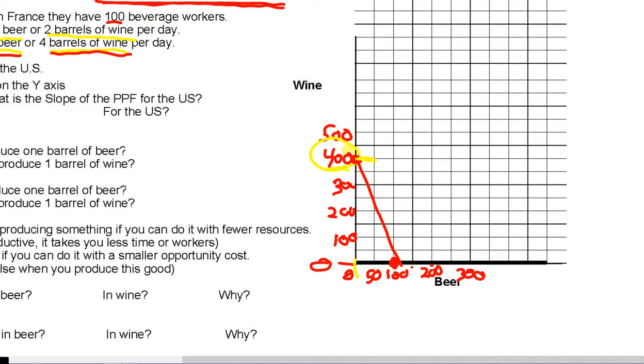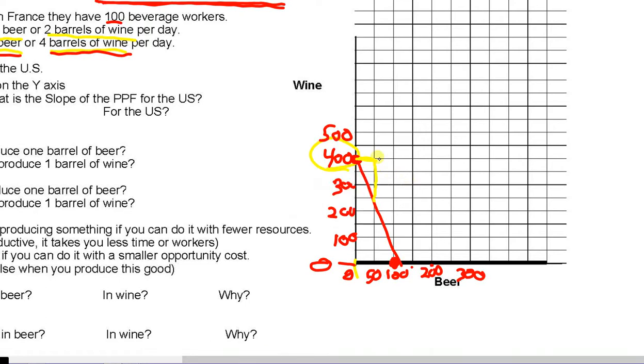We're going to have to go down 4 times as much. So basically every time you go over 1 unit, you have to go down 1, 2, 3, 4 units. That represents the trade-off faced by France, that each beer costs them 4 units of wine that they have to give up. So that's in what sense we're talking about opportunity cost here.